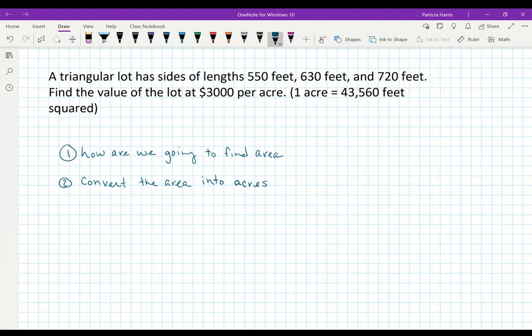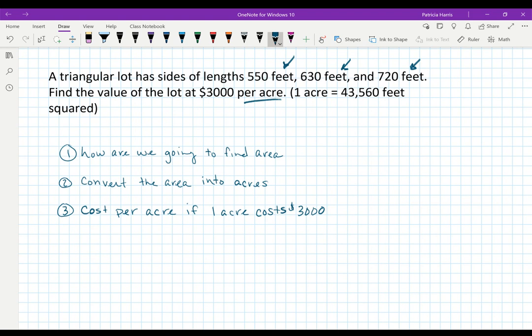Because I've noticed that our units are given in feet, so when we find the area, it's going to be in feet squared, and we're given a cost per acre. And the last thing we're going to do is find the cost, if 1 acre costs $3,000.